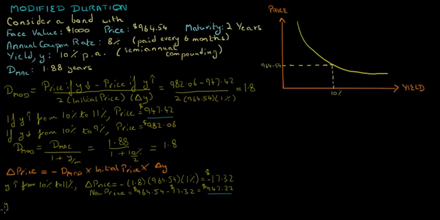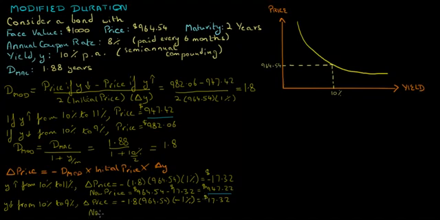Similarly, when yield decreases from 10% to 9%, the change in price equals negative modified duration of 1.8 times the initial price of 964.54 times the change in yield of minus 1%, since yield declined from 10% to 9%, and this equals $17.32.